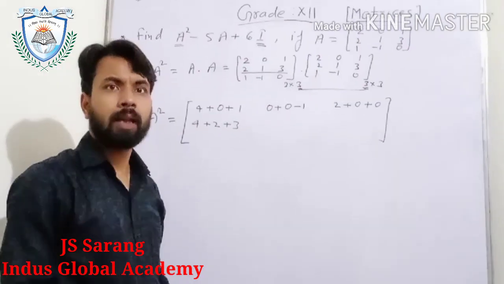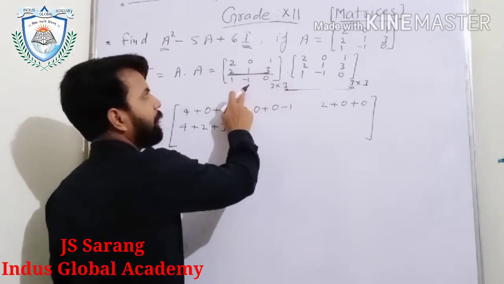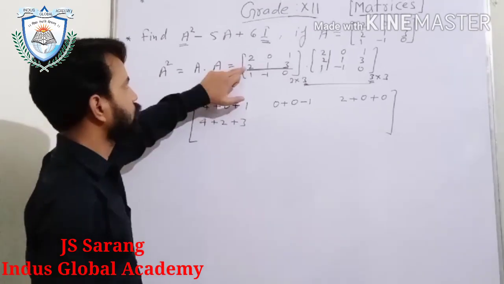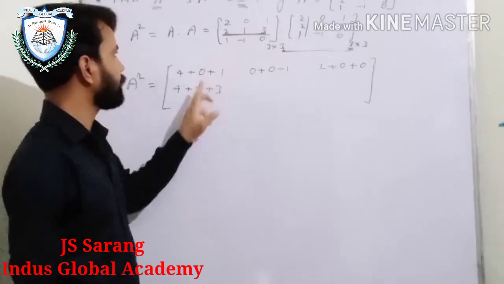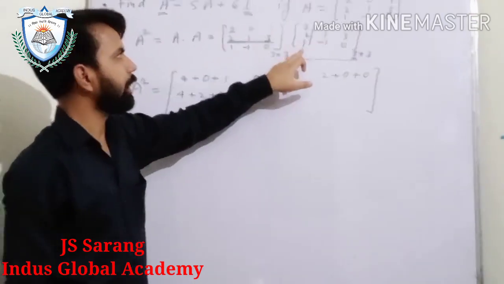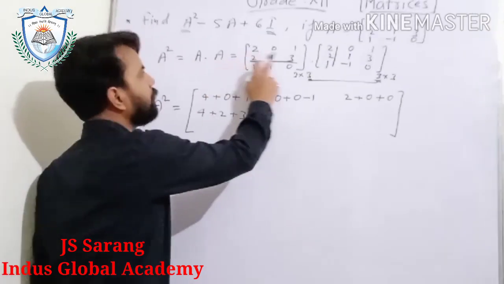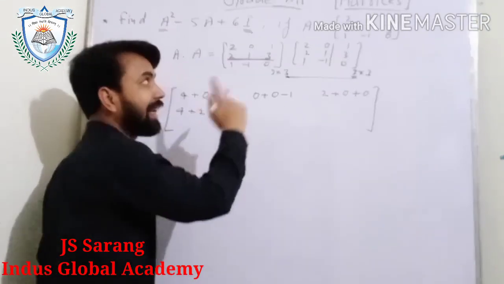Again, the second row of the first matrix is multiplied by the first column of the second matrix. So 2 into 2 gives you 4, plus 1 into 2 gives you 2, plus 3 into 1 gives you 3.